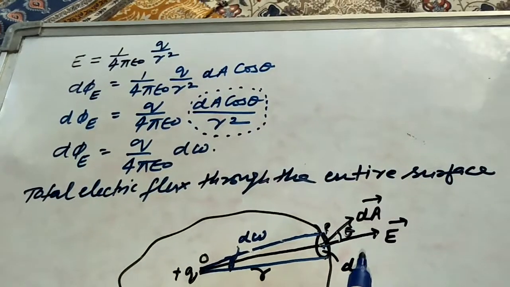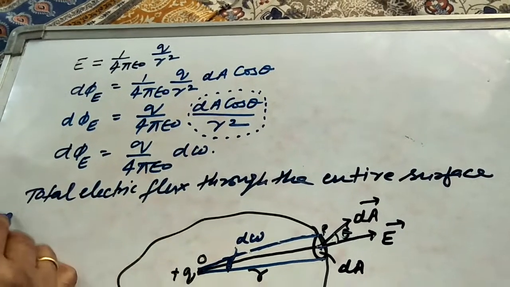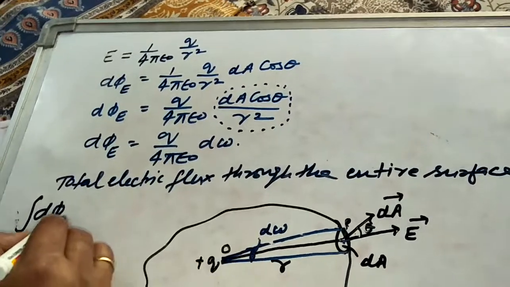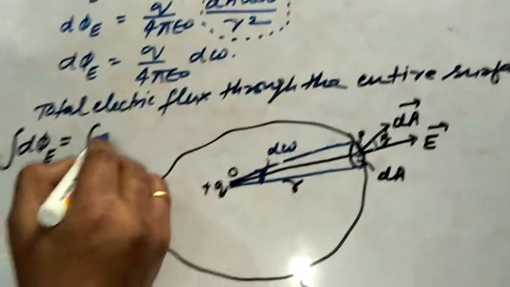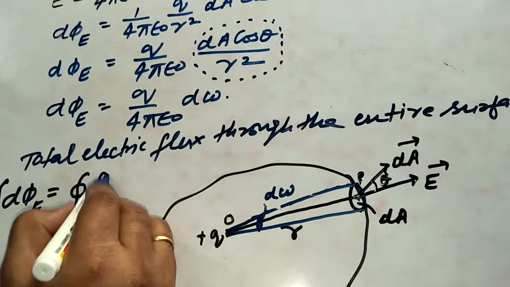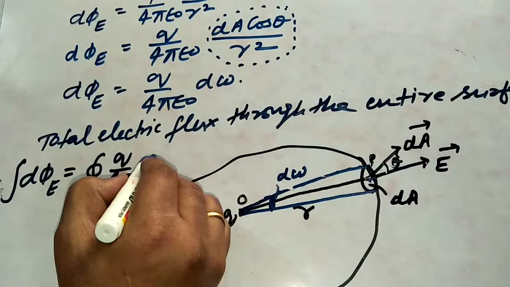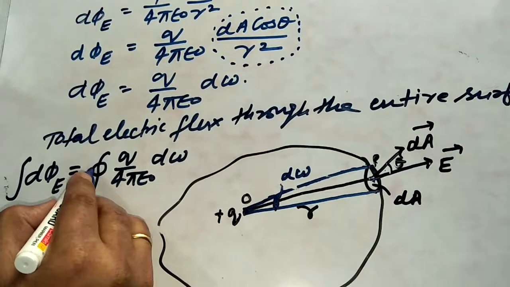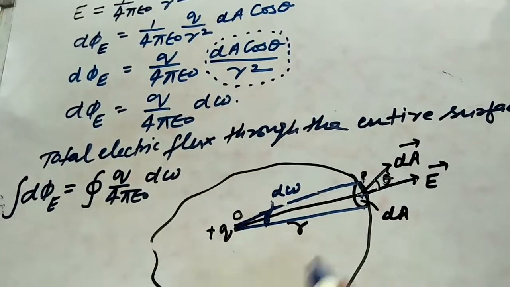How can we find the total electric flux through the entire surface? Simply you will integrate it. It means dφE is equal to the whole integration of q upon 4πε₀ dω. And here this shows I am taking the integration for this whole closed surface.